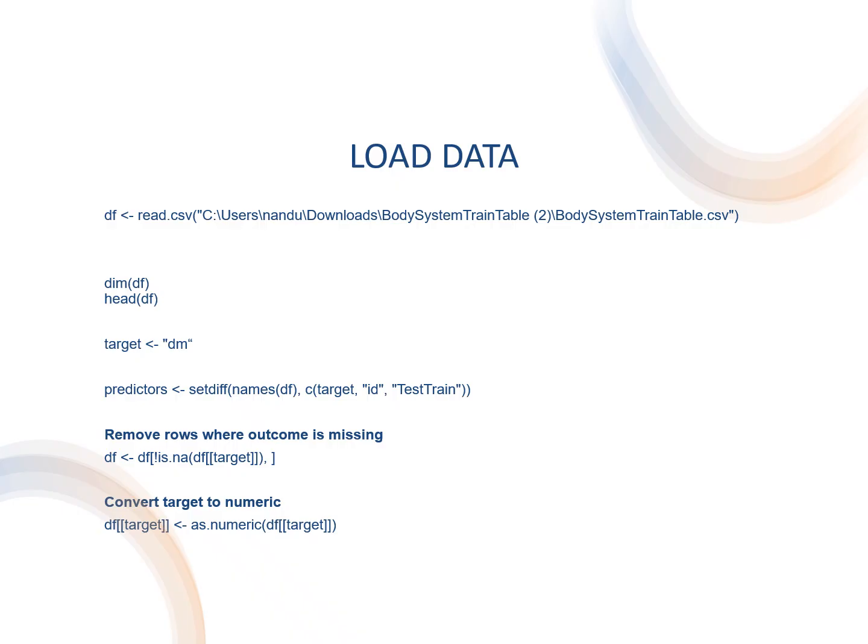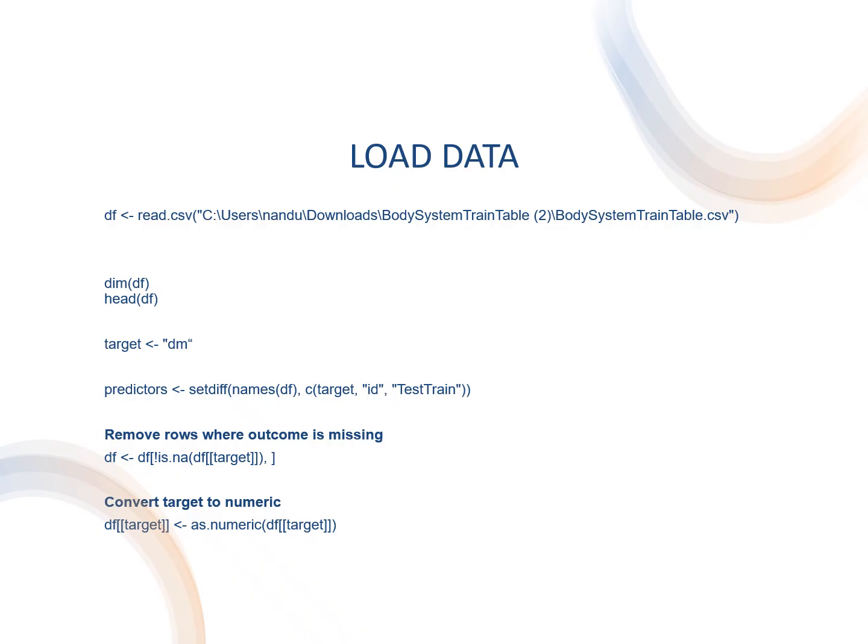Then I identify the target variable, which is diabetes status. It is labeled as DM, and I separated it from the columns that we should not treat as predictors, such as patient ID and the train data set label.